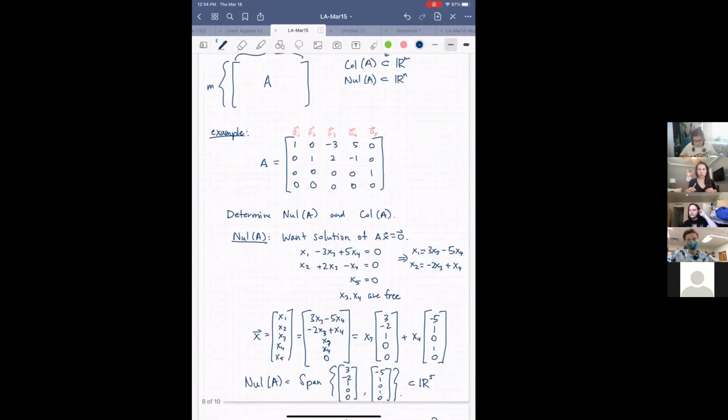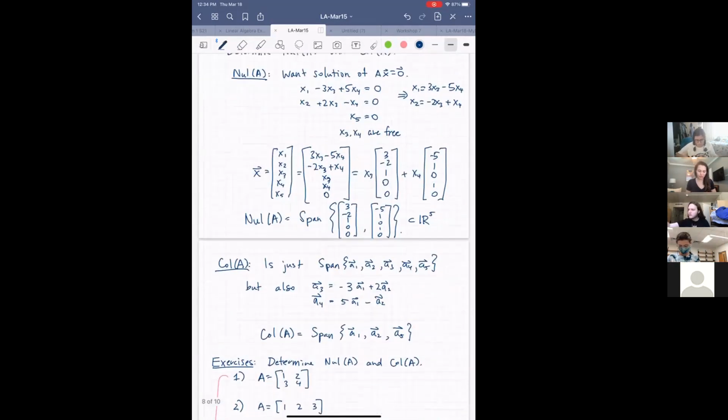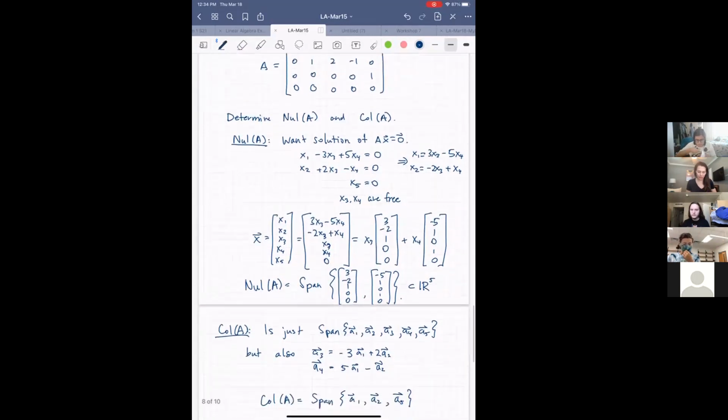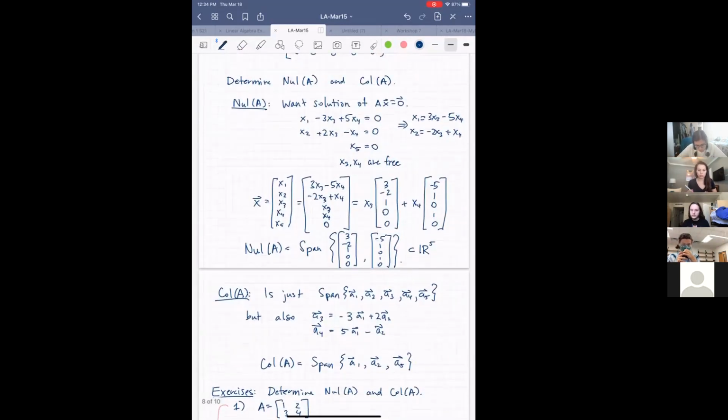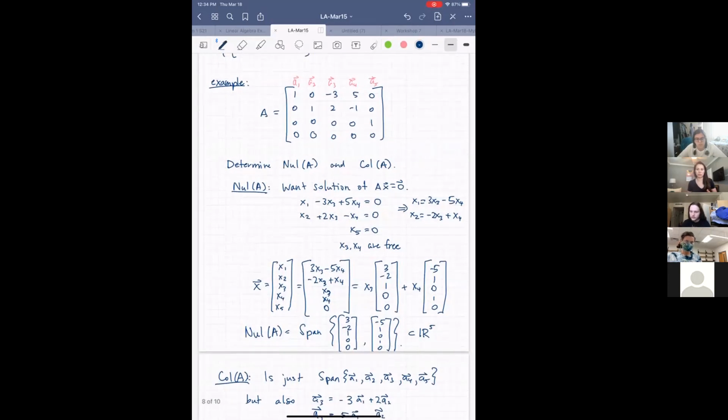That is important. Given this, we do get that this is the answer. It's just the span of the original columns where we had pivots. And it just so happens that our matrix was already row reduced, so we don't have to revert to the original matrix because this is our original matrix.